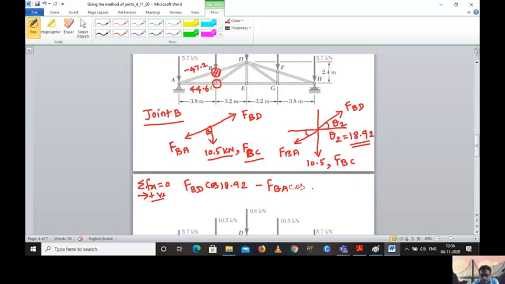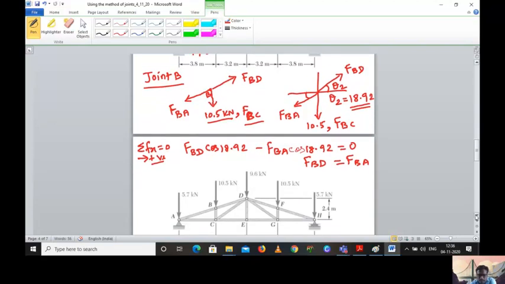Will any other force come? No. So it's equal to 0. From this you can understand that FBD will be equal to FBA, because it's acting on the quite opposite side, the opposite direction also you can say.